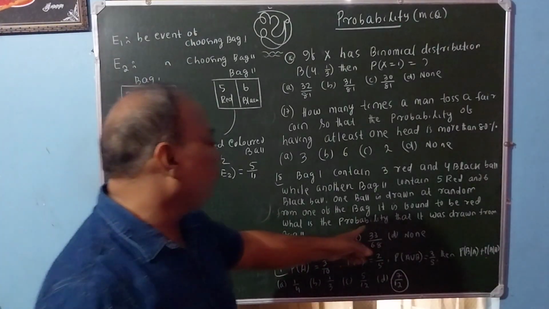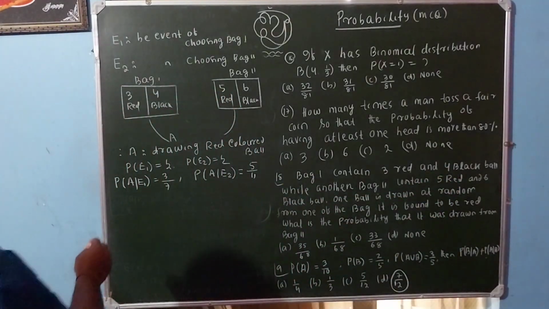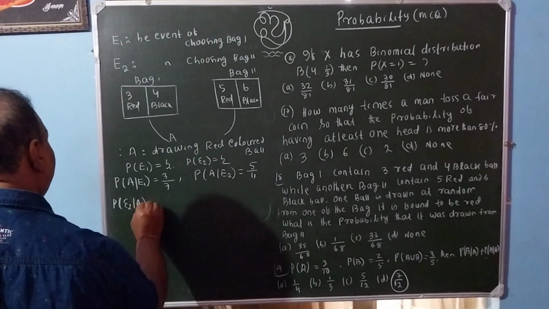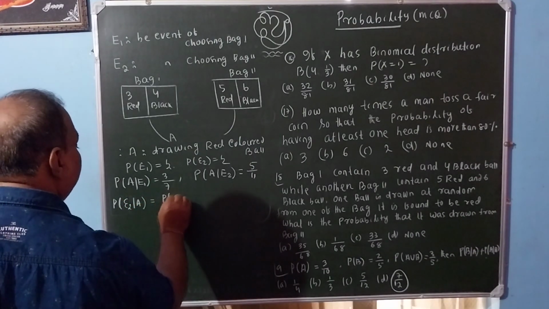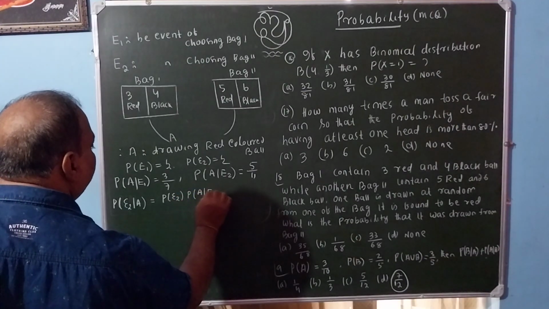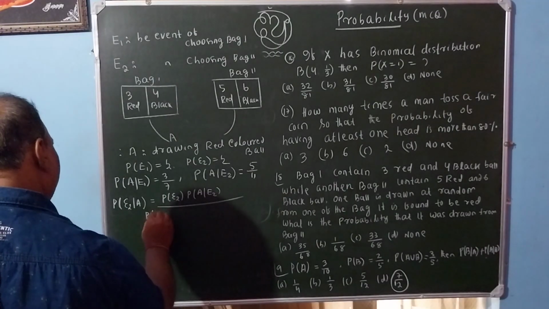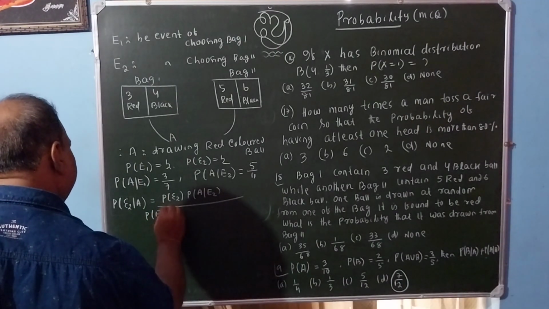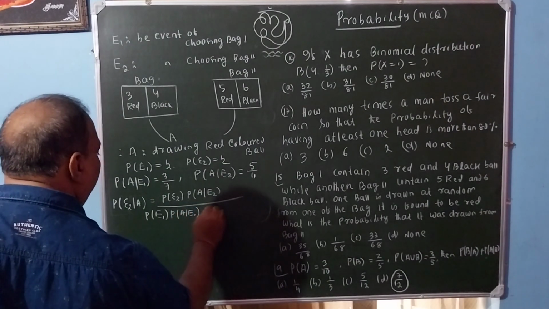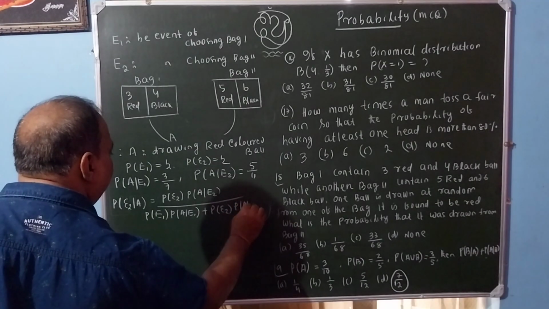So our aim is to find out probability that it was drawn from bag 2. So apply Bayes theorem. Probability of E2 conditional A. What is the formula? Probability of E2 into probability of A by E2 divided by probability of E1 into probability of A by E1 plus probability of E2 into probability of A by E2.